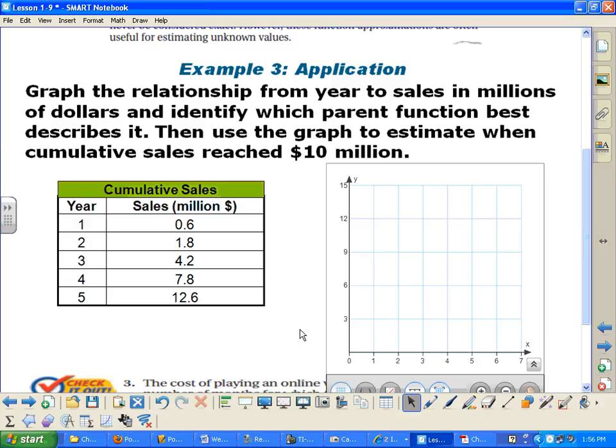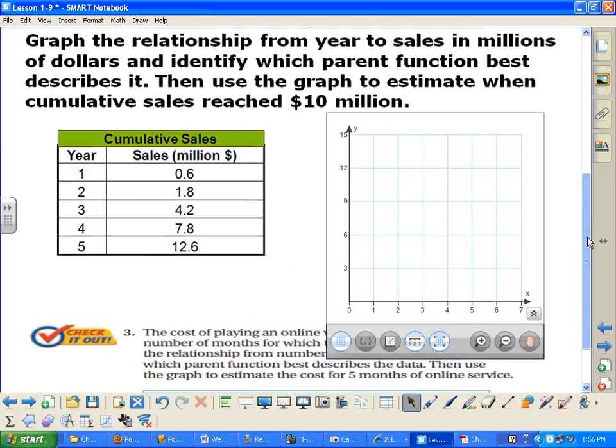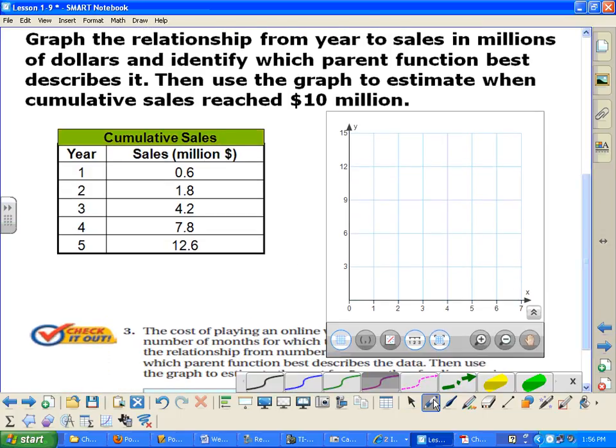So let's plot those points. It says identify which parent function best describes it, then use the graph. So we'll plot the points here. We've got 1 and 0.6, so that's probably about here. And 2 and 1.8, that's about halfway to 3, so about there. 3 and 4.2, so that's probably about here.